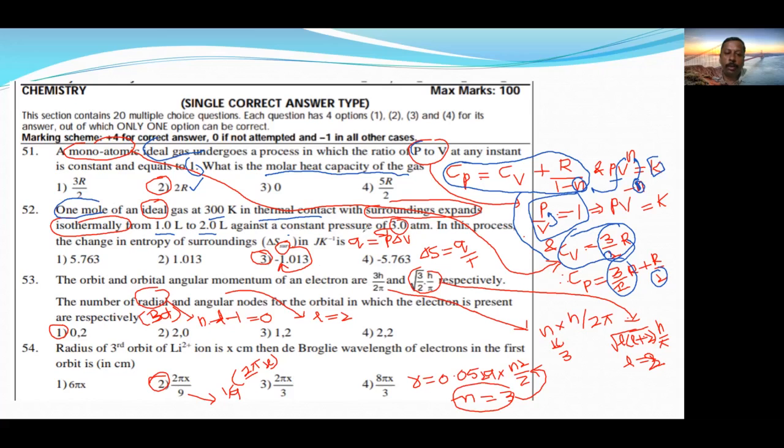Thermal contact means isothermal. Once it is isothermal, internal energy will be the same, so whatever the Q will be, that is equal to P delta V, and here P is the external pressure.